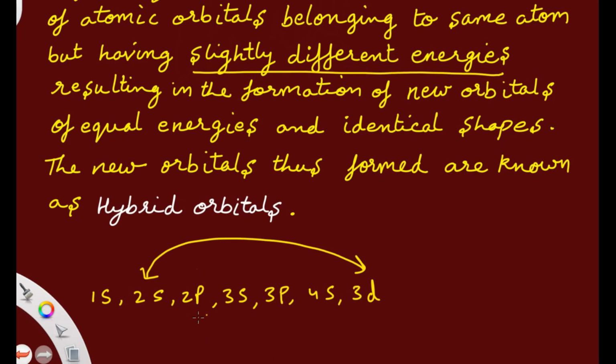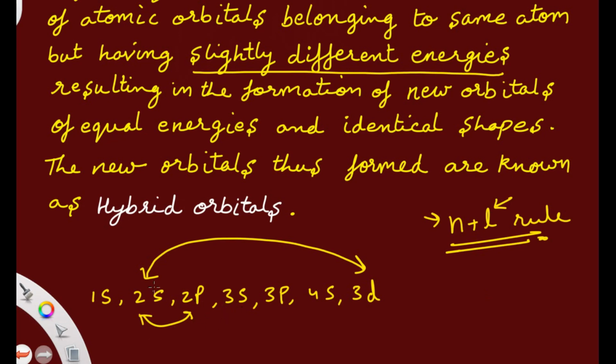Now how will you get the energy? There you have to apply the n plus l rule. We will talk about it when we study principal quantum number and azimuthal quantum number. N means principal quantum number, L means azimuthal quantum number, right? So just remember that the energies of two different orbitals should be equivalent or slightly different.